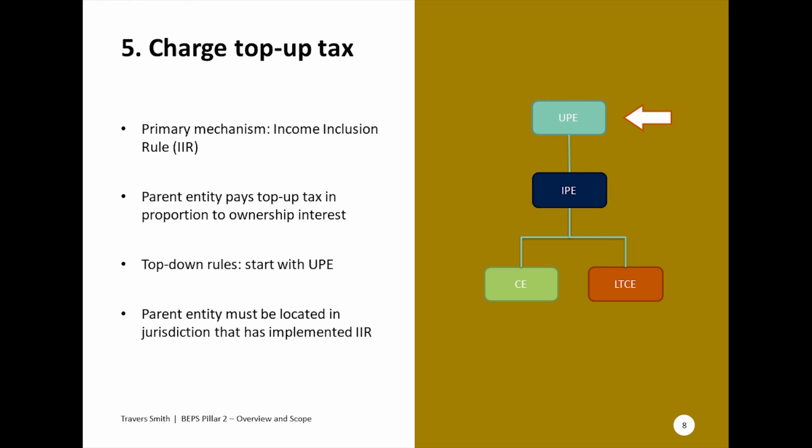Top-up tax is charged in proportion to the ownership interest. So if the ultimate parent entity only holds an indirect 80% interest in the LTCE and there is no lower down parent entity in the group with a larger interest, then only 80% of top-up tax of the LTCE will be charged to the parent entity under the income inclusion rule.